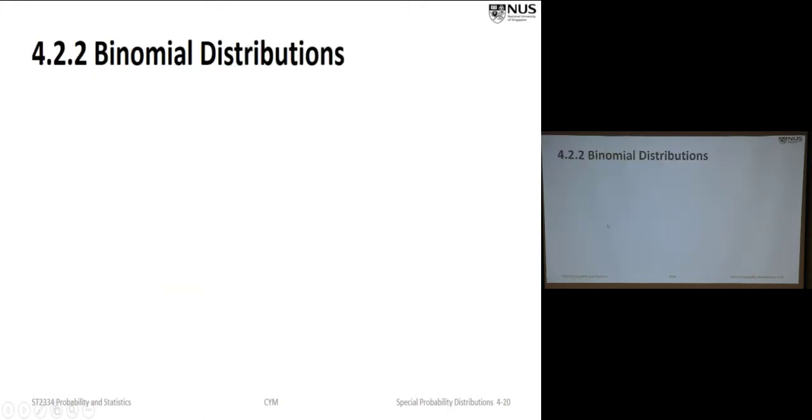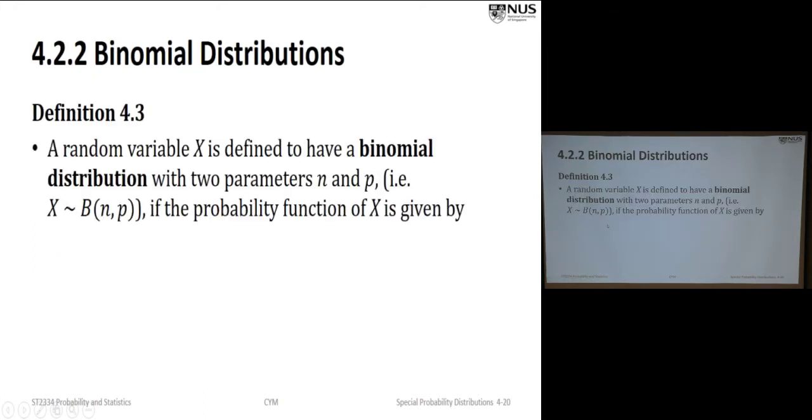In fact, that is a binomial distribution. X is a random variable. It represents the number of successes out of n, where each trial has only two possible outcomes, success and failure.